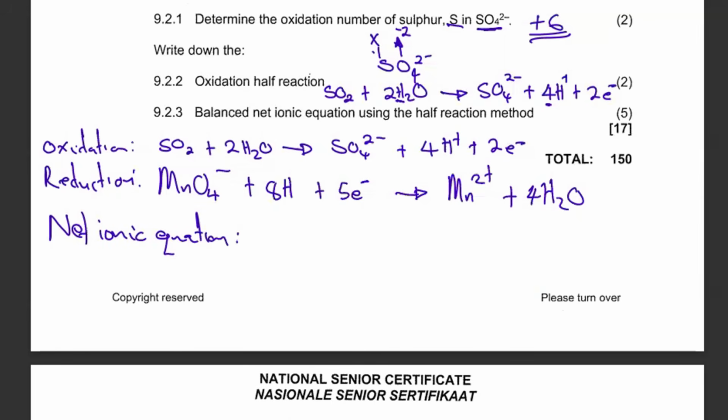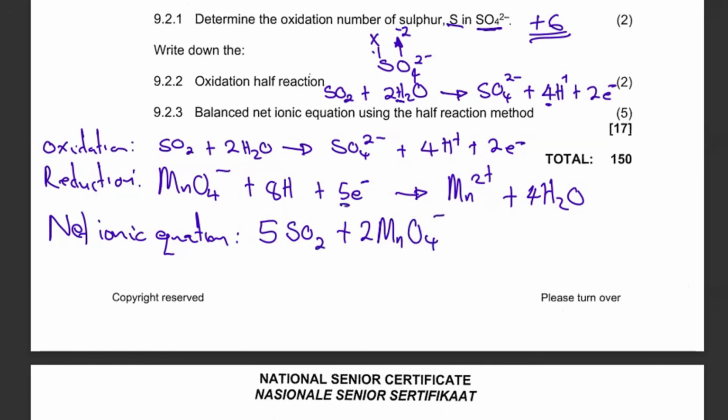The net ionic equation is for us to eliminate any spectator ions. So at the end of the day, we multiply by the number of electrons: 5 SO2 plus 2 MnO4 negative.